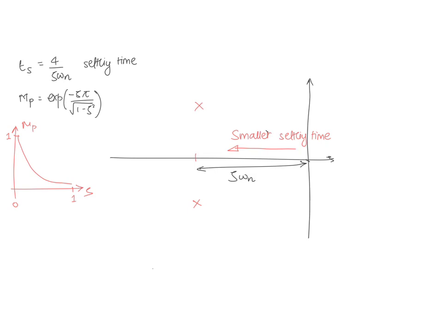Let me draw this line that connects this eigenvalue to the origin. This angle: the larger this angle, or rather, the smaller is the damping. So the larger this angle, the smaller is the damping, which means larger is the overshoot. So this means larger overshoot.